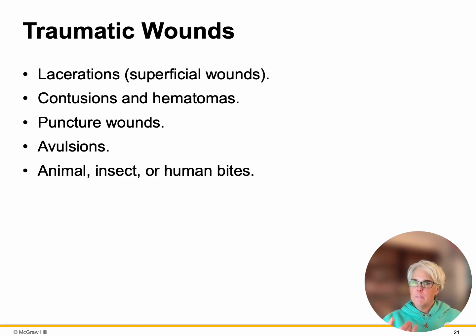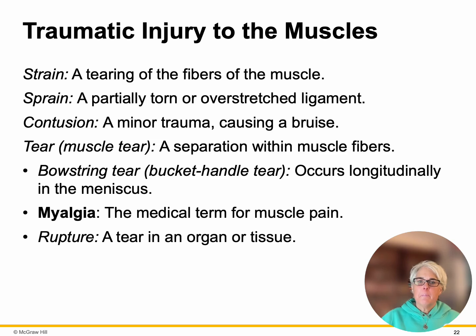Accurate documentation of depth, site, and any foreign body is absolutely essential for picking the correct injury code. Here we distinguish between strains, which are the muscle fibers, sprains, which are the ligaments, contusions, which are bruises, tears, and ruptures. The term myalgia simply means muscle pain, which might be coded differently from a documented tear or rupture, so pay close attention to any wording.